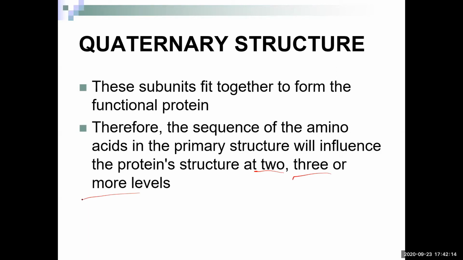That is why it is very important to correctly code or translate from DNA to protein. Once there is a mistake in the chain of amino acids, it will cause a disease.